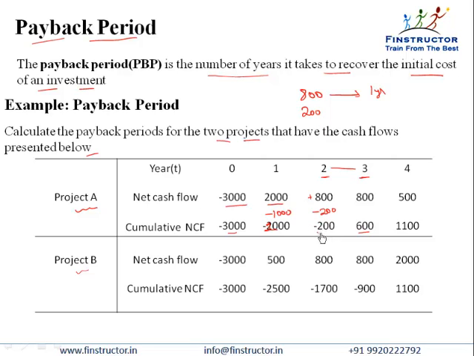I need another $200 to recover my entire money because $2,800 I have already received. And another $200 and I'll be home with $3,000. So $800 is what I'm getting in the whole year. $200 I will get in approximately 1/4 of a year. That is 1 by 800 into 200.